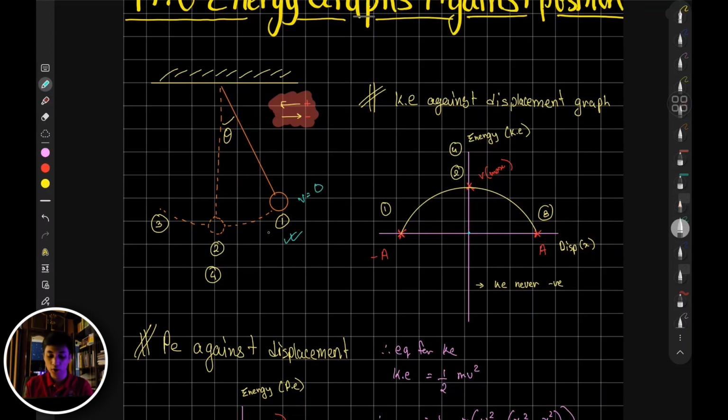Why is v maximum? You should know that since over here there is no change in height, potential energy is 0, the kinetic energy becomes max. Because in this position where the displacement is 0, the velocity turns out to be maximum.